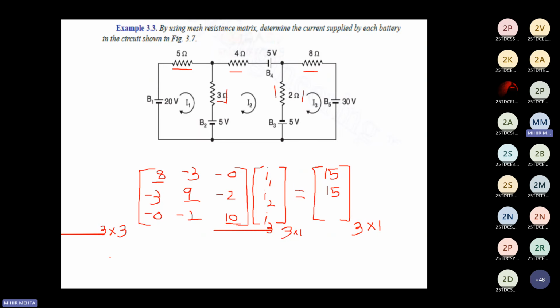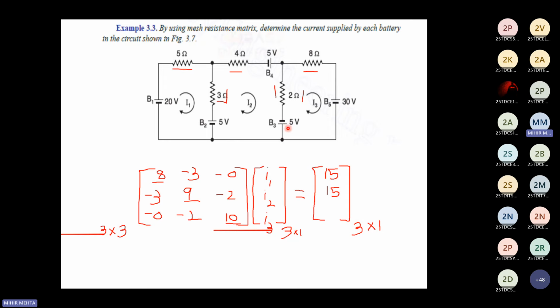And looking at the third mesh, starting from the top left corner of mesh 3, moving here, you're crossing the positive terminal first, immediately followed by the negative terminal. So this would be minus 30. The same thing is followed here: positive terminal immediately followed by the negative.